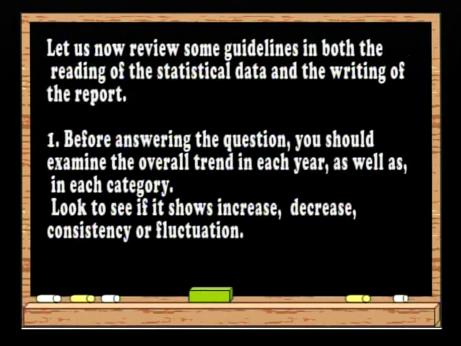Let us now review some guidelines in both the reading of the statistical report data and the writing of the report. Before answering the question, you should examine the overall trend in each year as well as in each category.